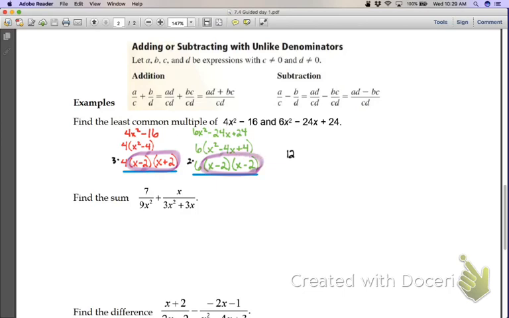What's the red one missing and what's the green one missing? Because I have to have the same amount. So the red one is missing an x minus 2. The green one is missing an x plus 2. If I have two x minus 2's, then the other one has to have them too; everybody's equal.